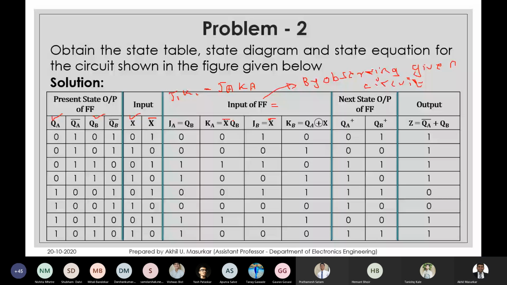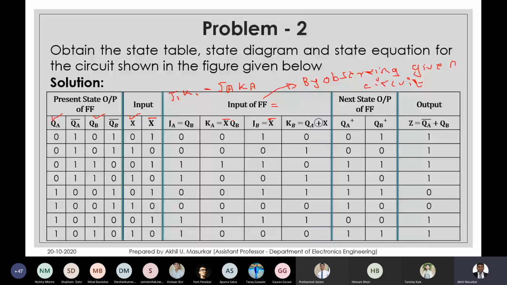Okay. My first hint is, look at the state equations for the JK flip-flop. So state equations are also called your transition equations or excitation equations.